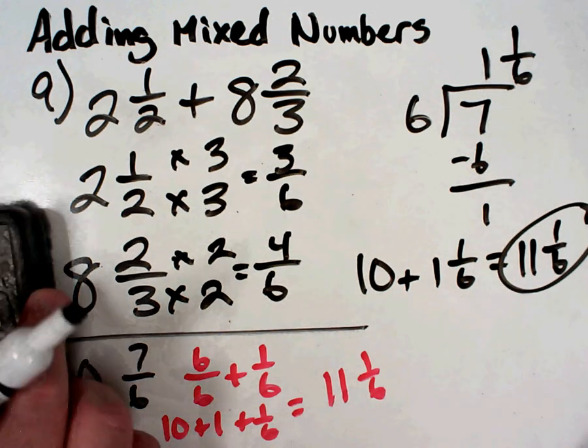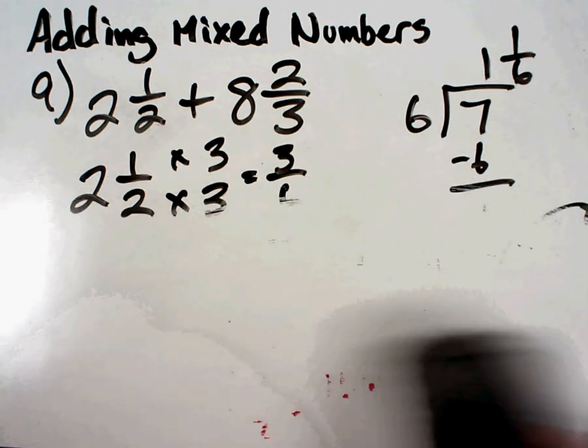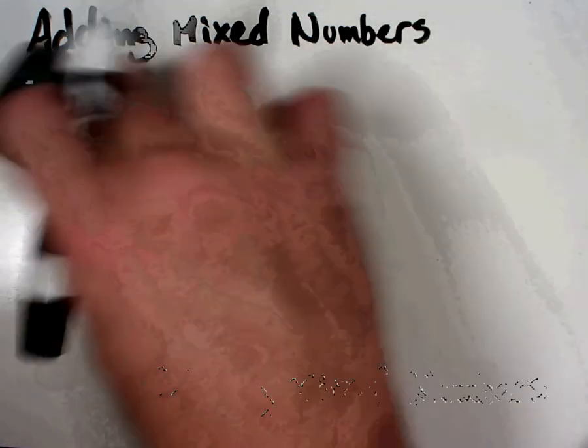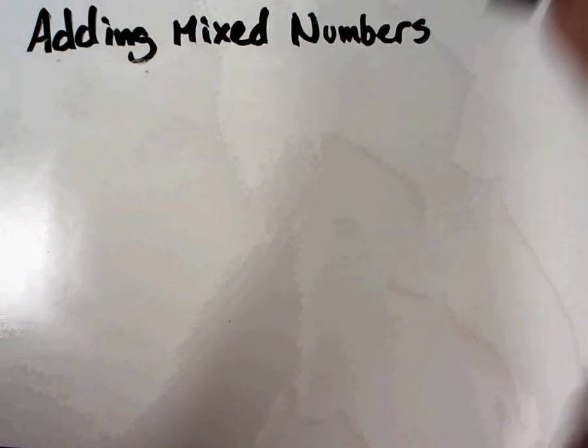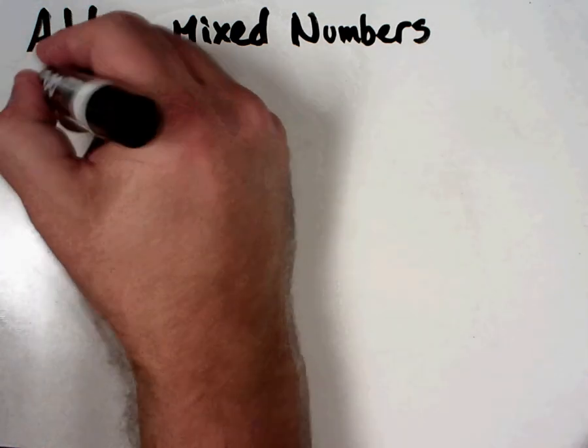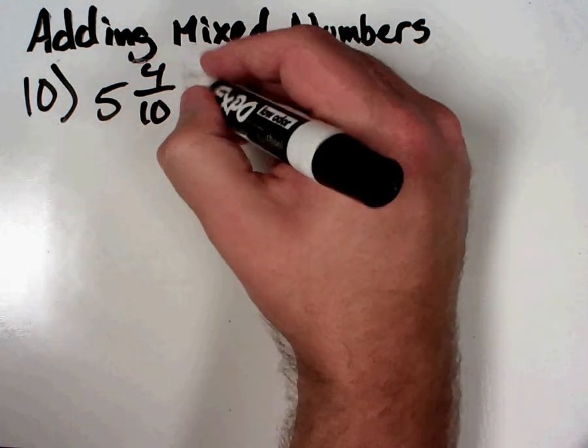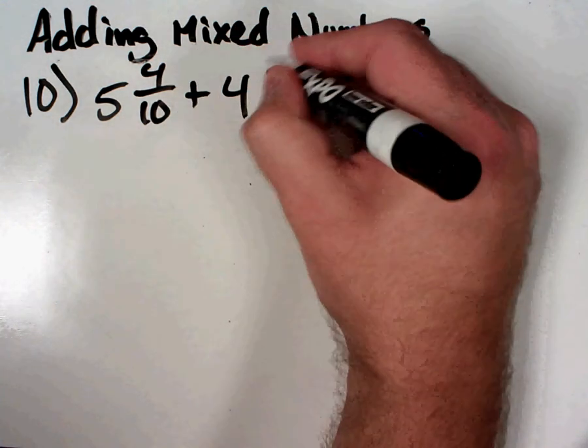On to the last problem. Save the best for last. So number 10, 5 and 4/10 plus 4 and 2/3.